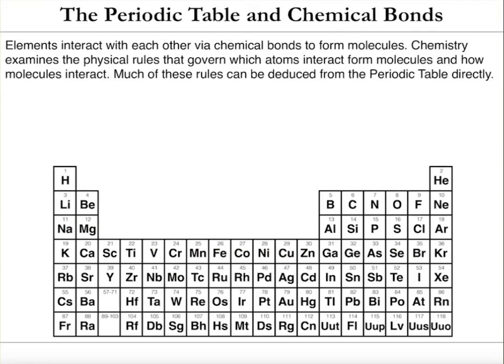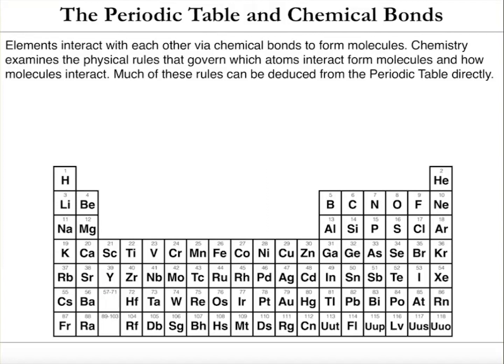So we're talking about atoms, but really when we get into biochemistry and the rules of biochemistry, what's more interesting and what chemistry mostly looks at is the fact that elements interact with each other to form what are called chemical bonds. So via these, two or more atoms will interact with each other by these chemical bonds to form what we call molecules.